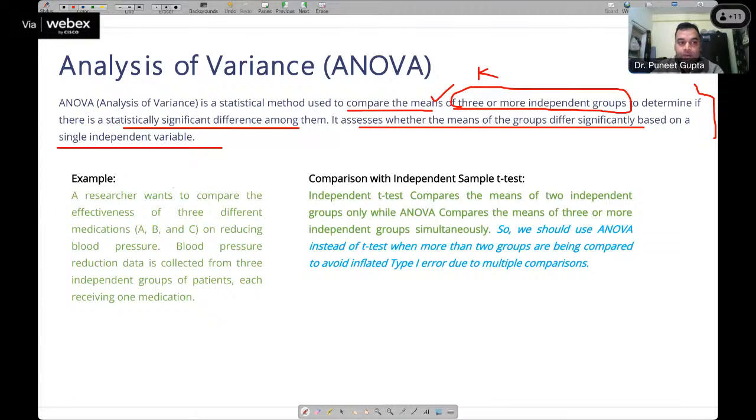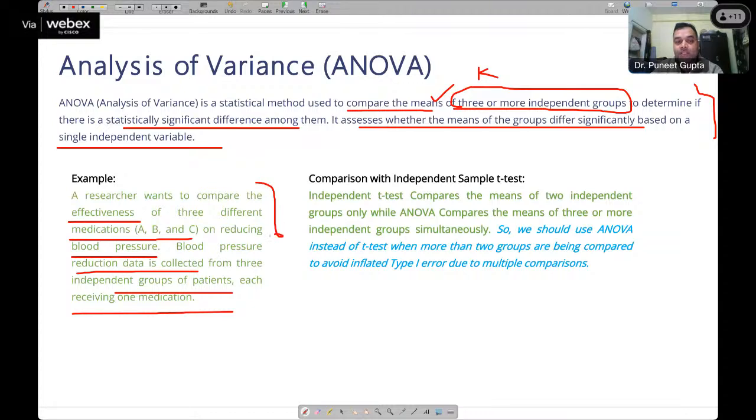For example, suppose a researcher wants to compare the effectiveness of 3 different medications on reducing blood pressure. Blood pressure reduction data is collected from 3 independent groups of patients, each receiving one medication. Since the groups are independent, we can use one-way ANOVA to answer this effectiveness question.